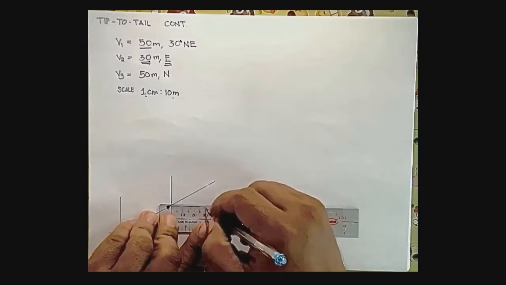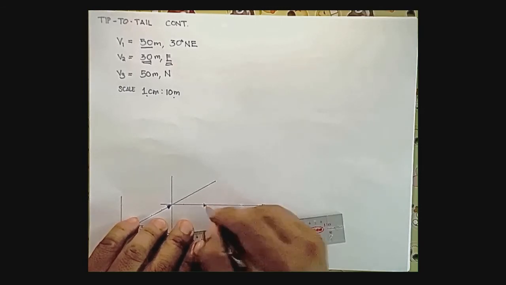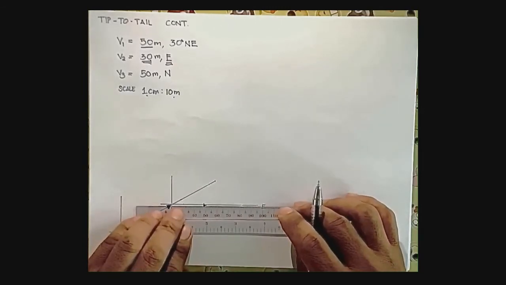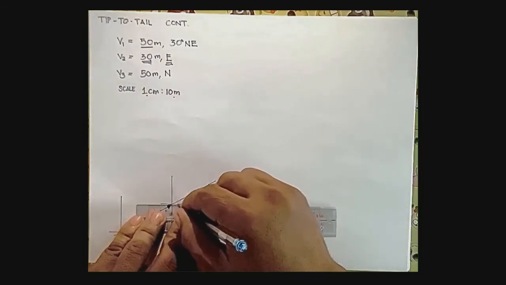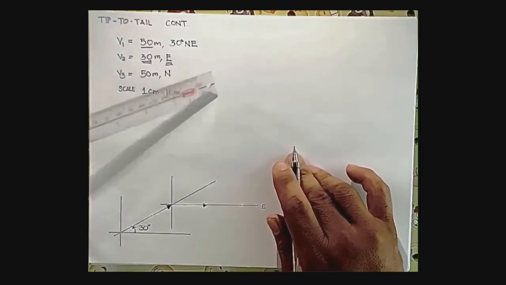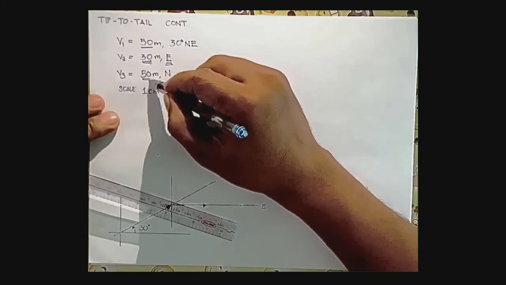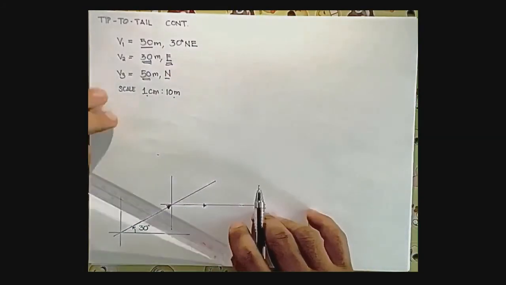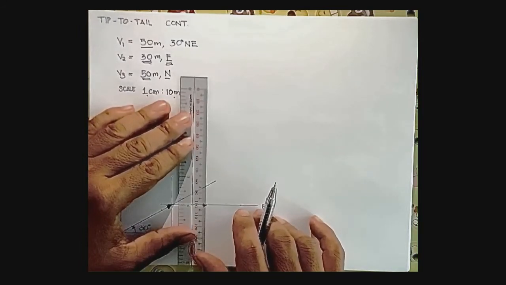So we'll plot that out, solid line. So that will be our vector number 2. And this time, vector number 3 is 50 meters going to north. This time, there is no x component.